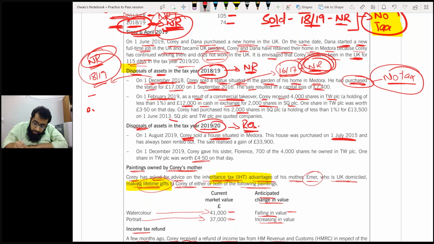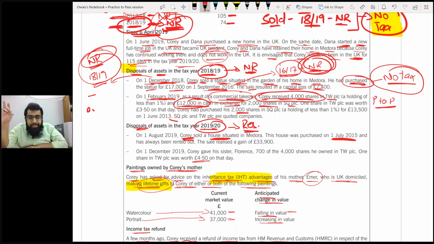Now, there was a P2P takeover, paper to paper takeover. What did you get? You got 4,000 shares and you got 12,000 cash.